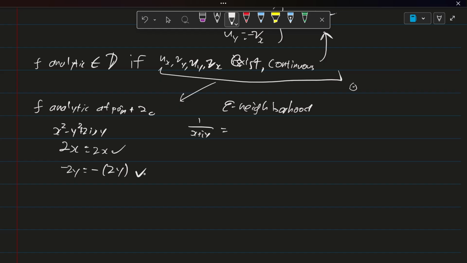Well, we should actually just re-express this in terms of x squared plus y squared and x minus iy. And let's try to do the Cauchy-Riemann equation. So first, we could just take the derivative.